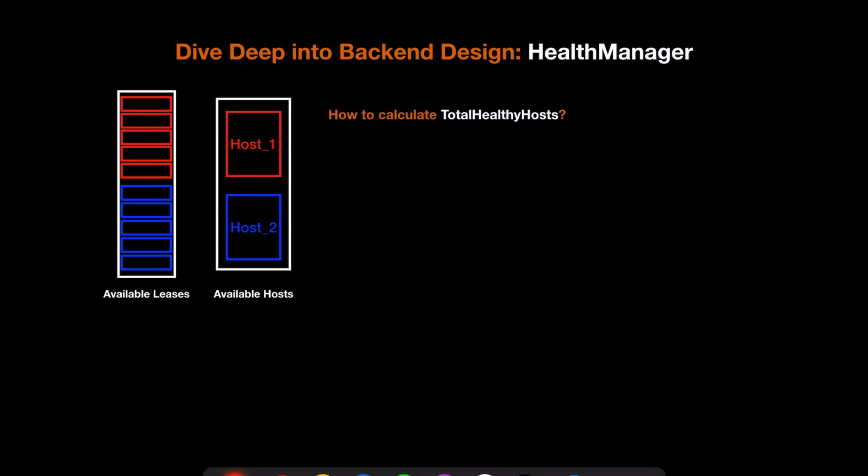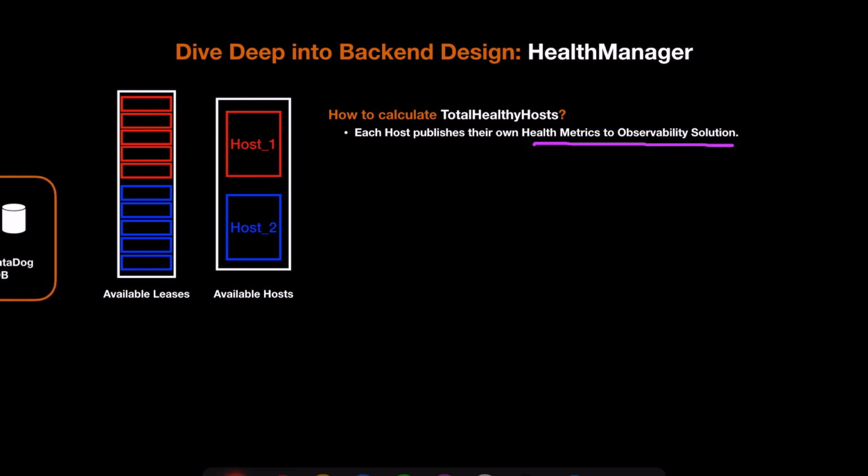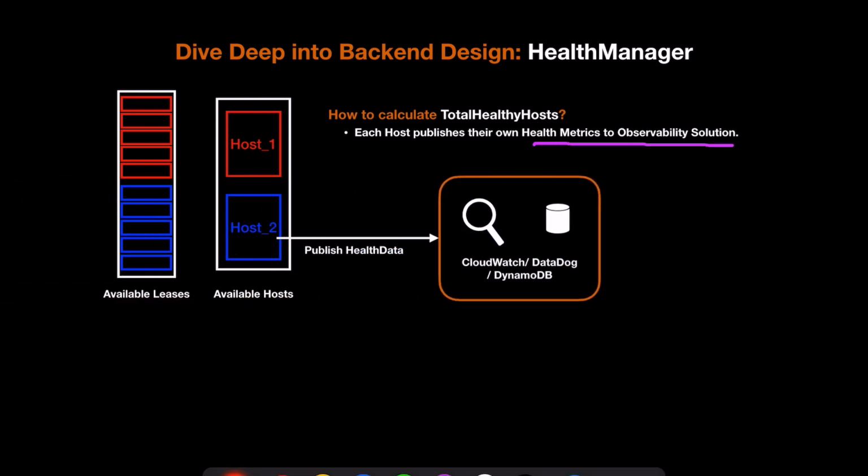Another question: how do we calculate the total healthy hosts? Each host publishes its own health metrics to our observability solution. Technically, every host has a health manager, which we will design, and this health manager is responsible for publishing the health data to our observability solution as well as our database.